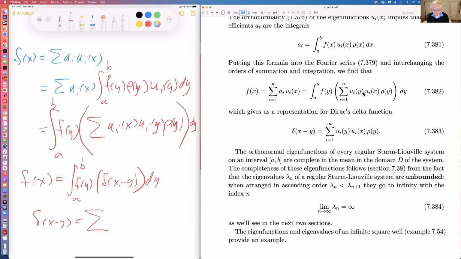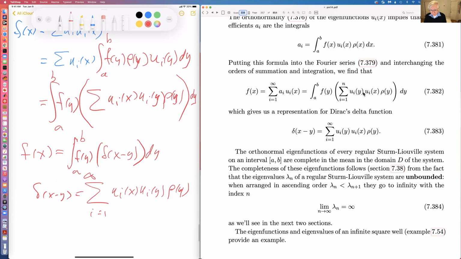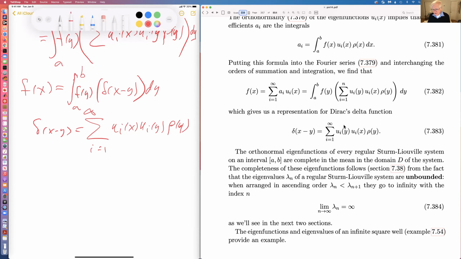that the sum over i from 1 to infinity of u_i of x, u_i of y, rho of y is the delta function. And of course, this sum is non-zero only when x equals y.